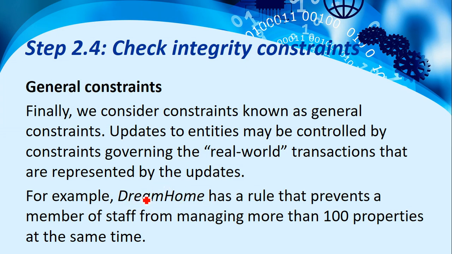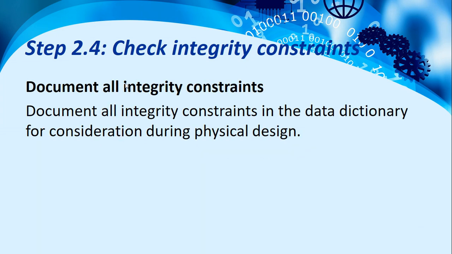This entity, Dream Home, has a rule that prevents a member of staff from managing more than 100 properties at the same time. This example is an example of a general constraint. Okay? And last, document all integrity constraints in the data dictionary for consideration during physical design.